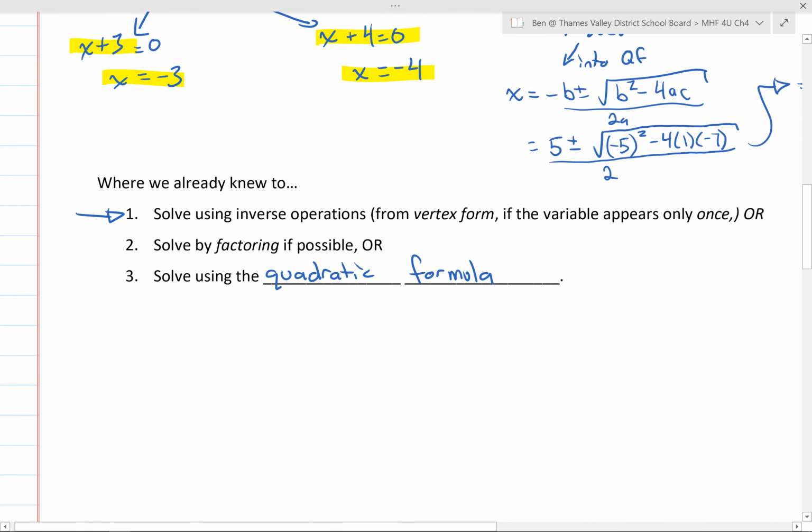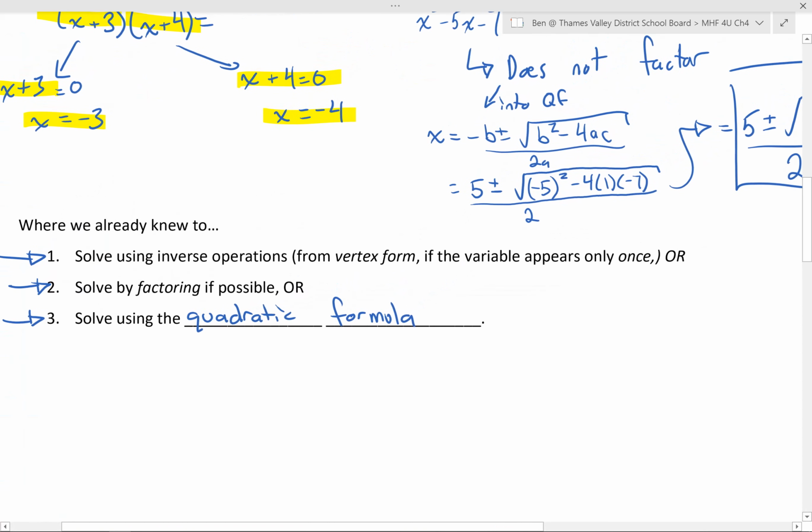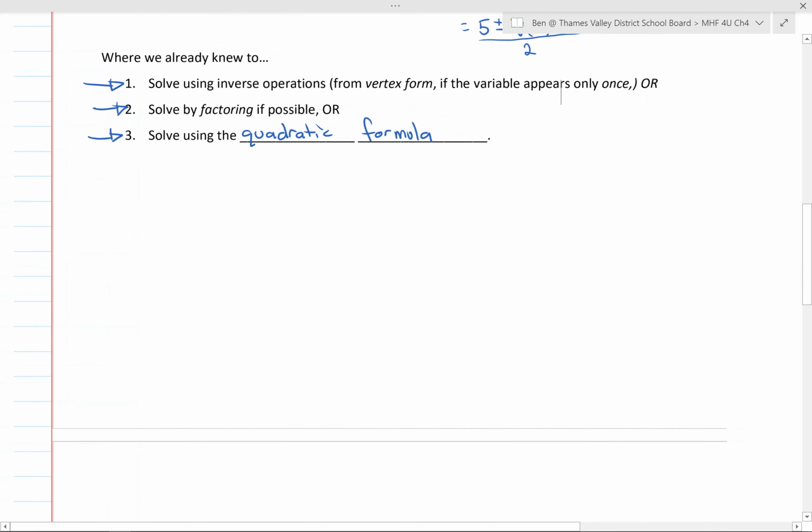Now, if we can't use our inverse operations, we can solve a quadratic by factoring. And if we cannot factor it, then we have to use the quadratic formula. In general, if we can avoid using the quadratic formula, we like to because it can sometimes end up being a little bit messy, and the other approaches are usually quicker for us to handle.